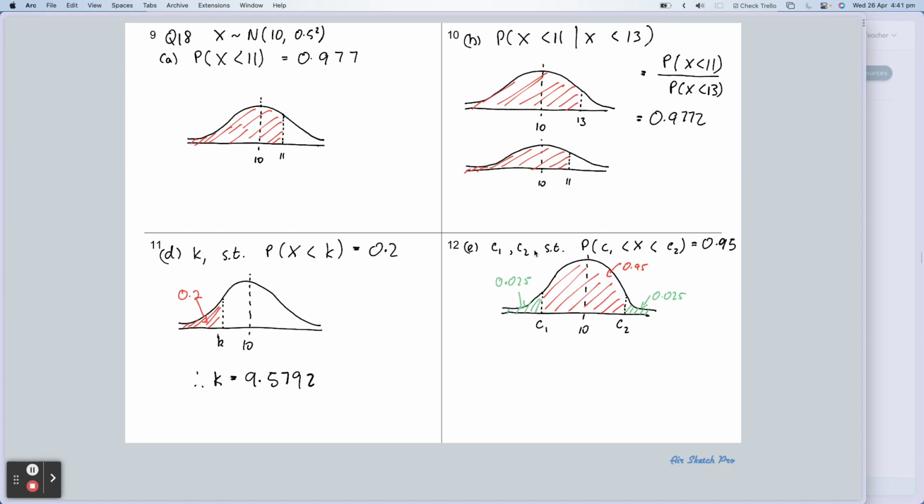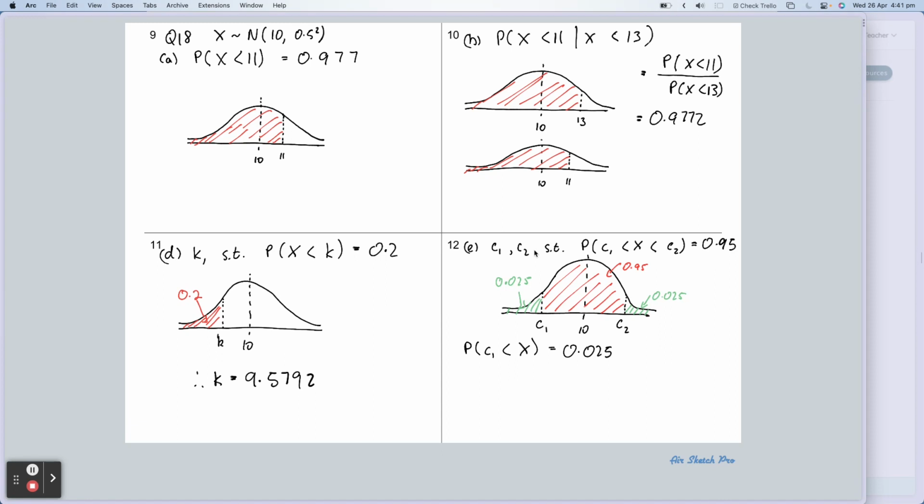So that's good. So that means that I can basically use my 0.025s to figure out what C1 and C2 is. So I can say that the probability that X is less than C1 would have to be 0.025. So I'm using the facts here and my diagram to come up with something that I know my calculator can solve.